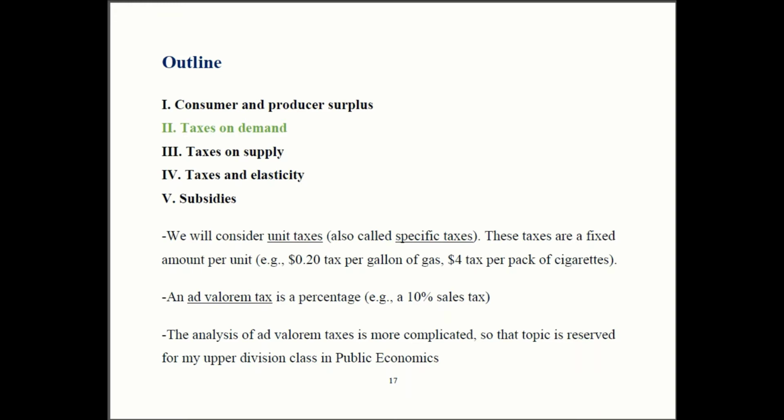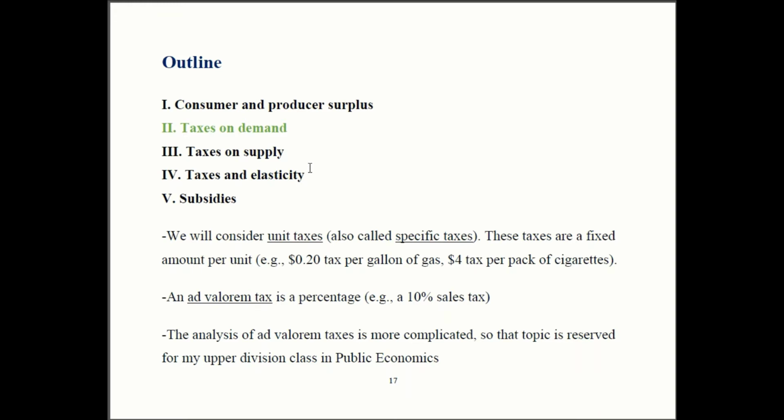We'll start by talking about taxes on demand, then we'll switch to taxes on supply, and we'll see how elasticity affects our results. There is a reason why the chapter on taxation follows a chapter on elasticity. They actually are linked. Lastly, we'll look at subsidies, which are basically just negative taxes.